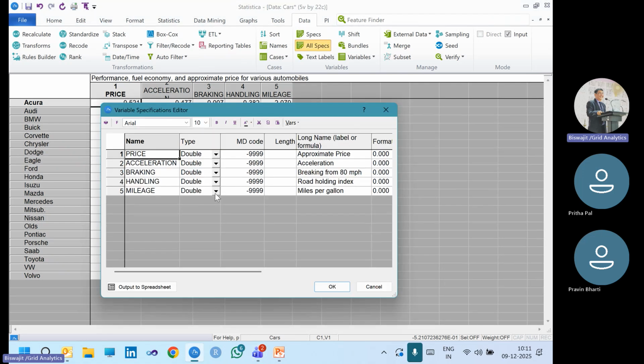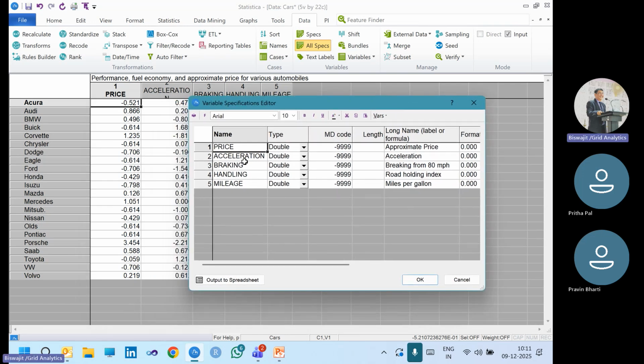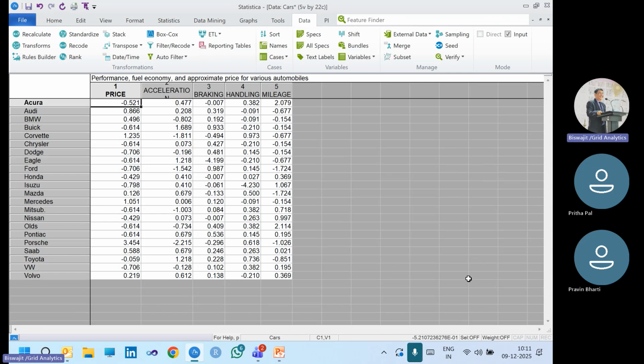Under the all specification, I can see the price described as approximate price, acceleration, braking, braking denotes braking from 18 miles per hour, handling, road holding index, and mileage, miles per gallon. That is the description of the data. But what I observe here, right, because the pricing comes in the negative, so it cannot be. So this is the standardized data, right?